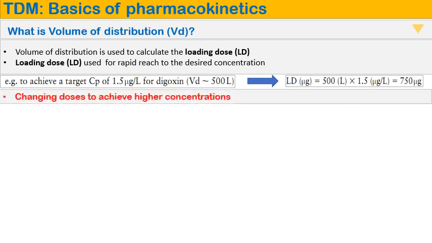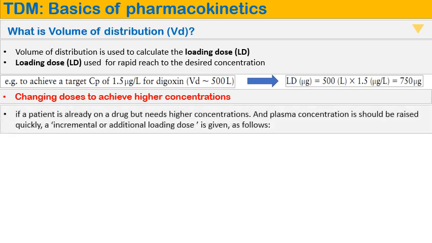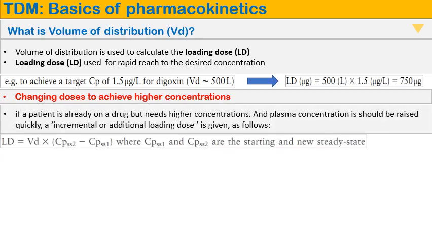750 microgram. Another use for volume of distribution: we can change the dose to achieve a higher concentration, and this is called an incremental loading dose. Okay, مثلا if we give a certain drug, but the drug concentration is not sufficient to get its desired concentration, we should give another amount of the drug to increase the concentration.